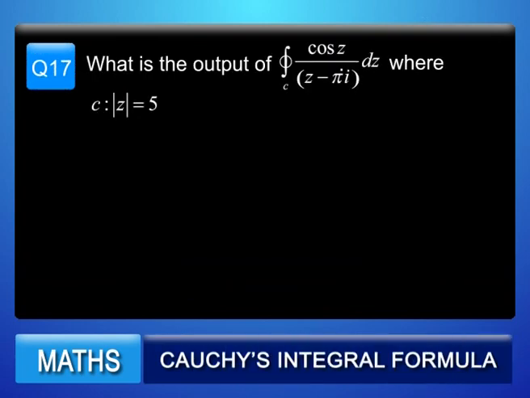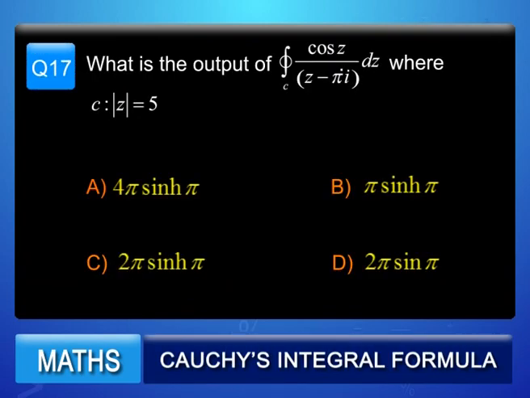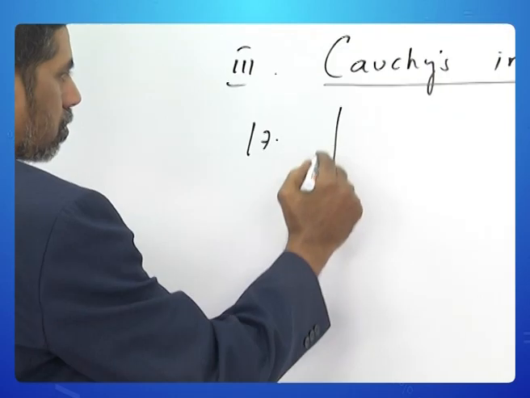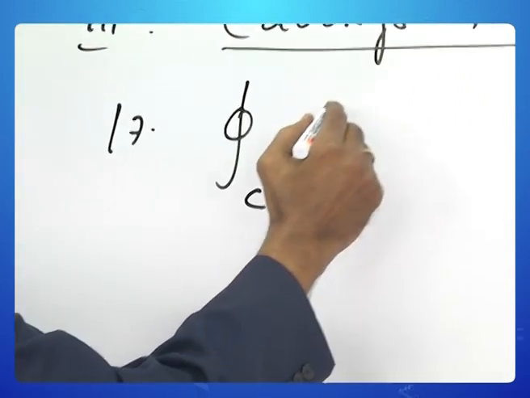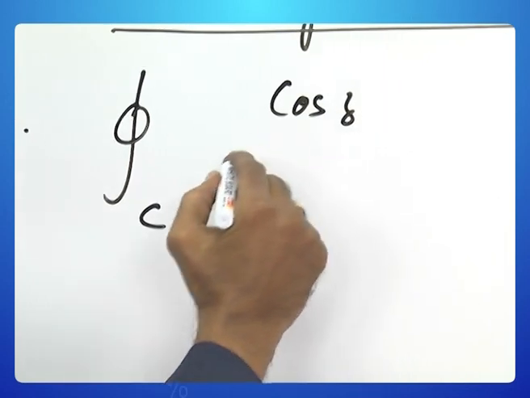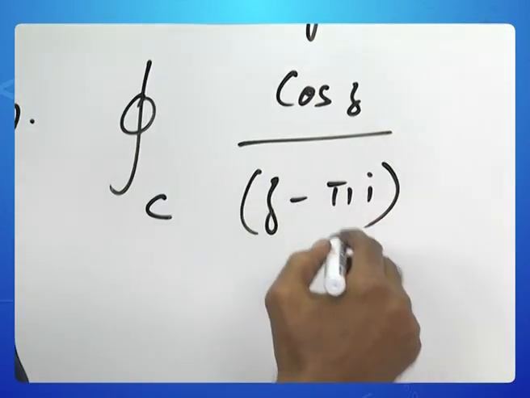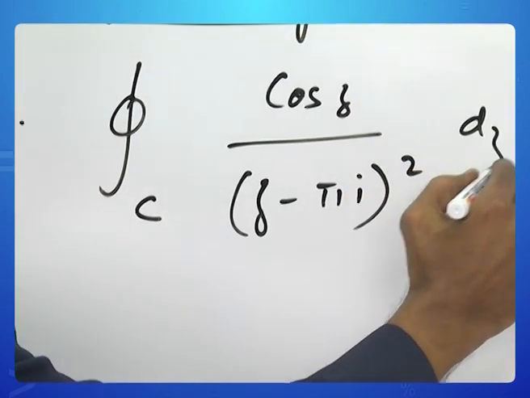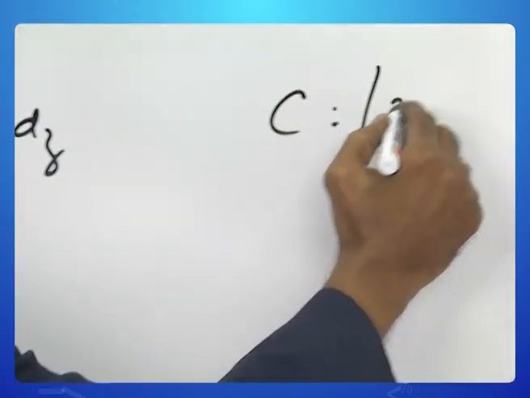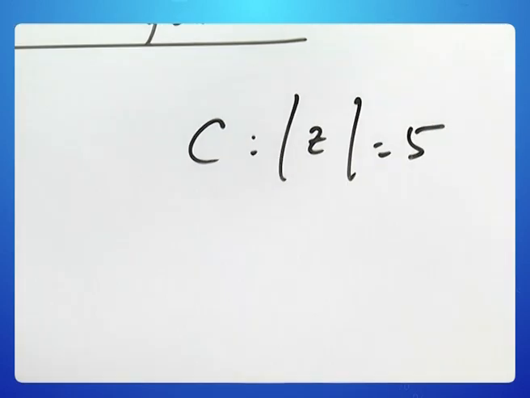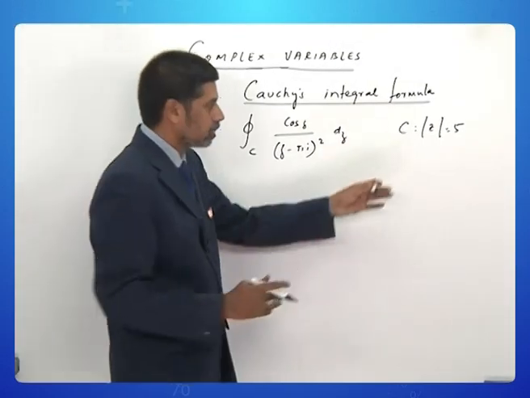Question number 17. What is the output of the integral cos z by z minus pi I whole squared, where c is mod z is equal to 5? First, let us draw the contour.